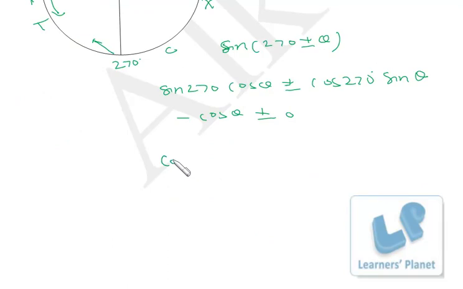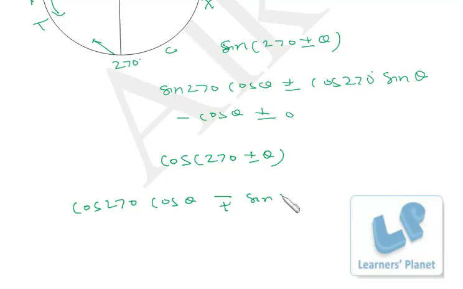Similarly, we can calculate cos(270 ± θ). So it is cos 270 cos θ ∓ sin 270 sin θ. So this is 0, minus plus sin 270 is minus, and this is sin θ. So cos(270 + θ) is plus sin θ, and cos(270 - θ) will be minus sin θ, right?